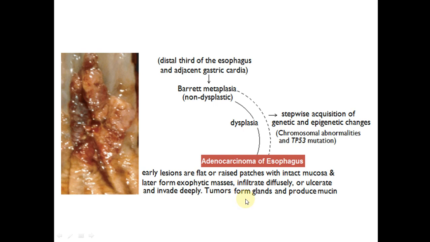But later on, as the tumor grows, it may form exophytic masses. By exophytic we mean masses that protrude from the esophageal wall towards the lumen, and they may also diffusely infiltrate the esophageal wall, and these masses sometimes ulcerate, and as we know when an ulcer is formed, it will extend deep through the esophageal wall. As we know, these are columnar epithelial cells containing goblet cells, so these tumors will form glands and they will produce mucin.